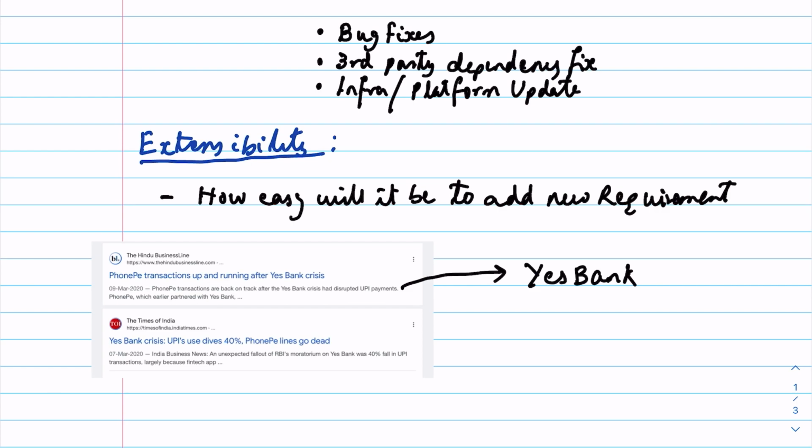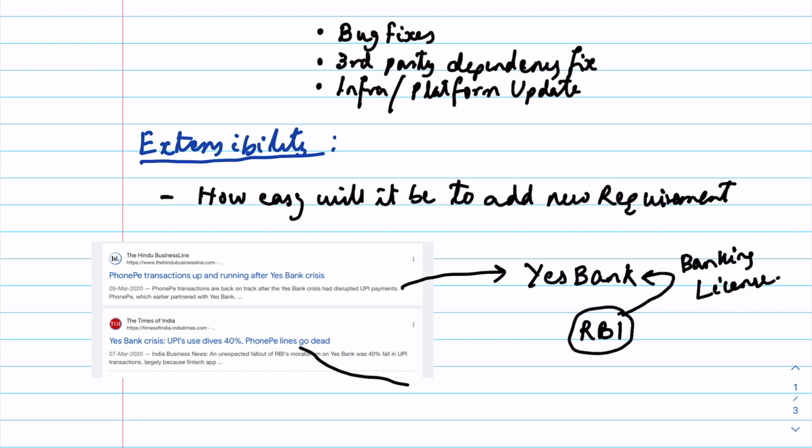But you might have heard that the Reserve Bank of India revoked the banking license of Yes Bank. So immediately PhonePe switched to ICICI Bank for its UPI business.